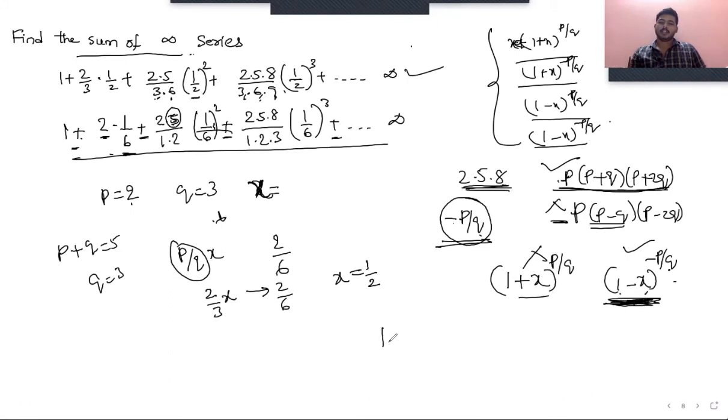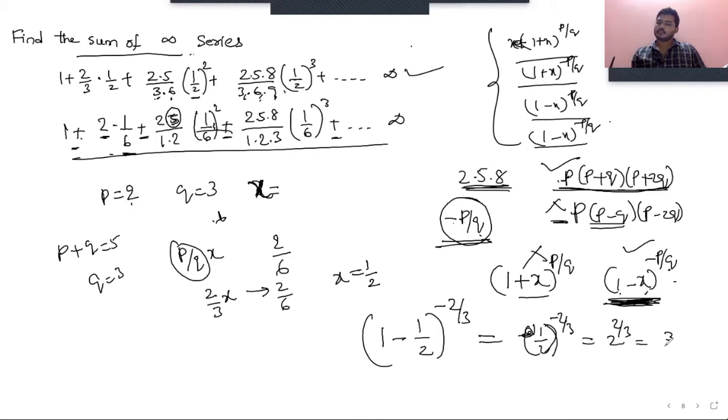So it can be written as 1 minus 1 by 2 whole power minus 2 by 3, correct? So it's 1 by 2 whole power minus 2 by 3, which is nothing but 2 power 2 by 3, which is cube root of 4. So this is how this can be solved.